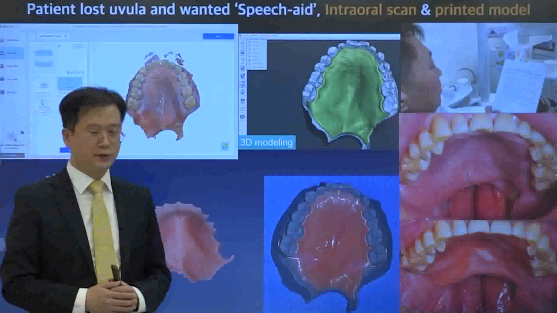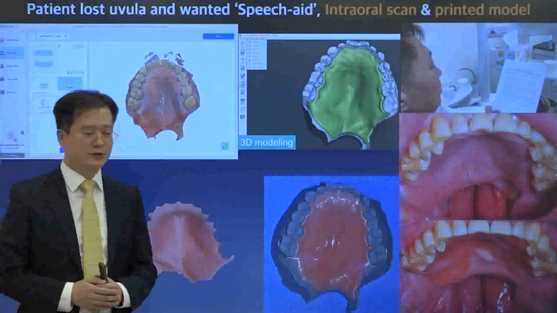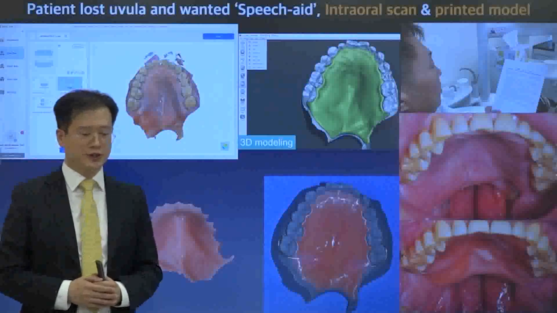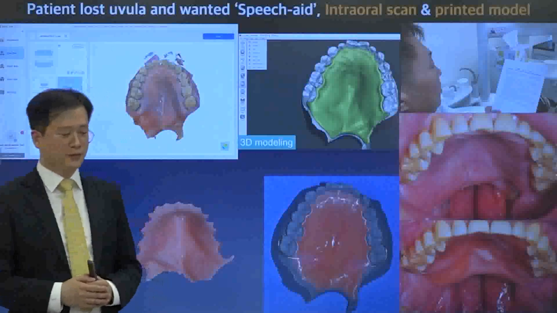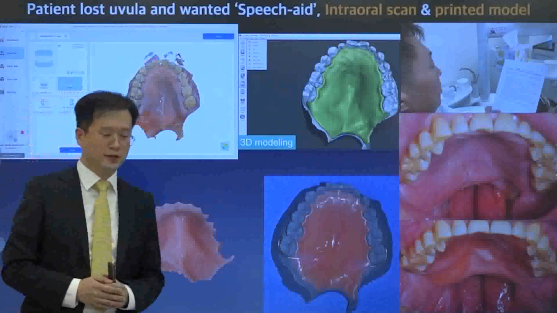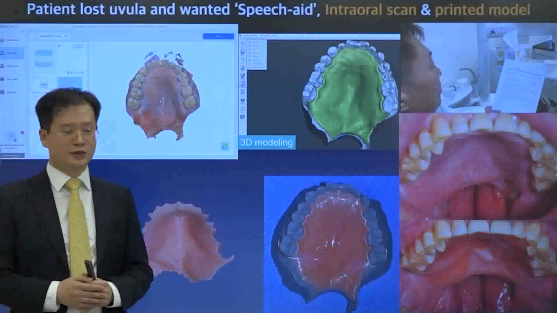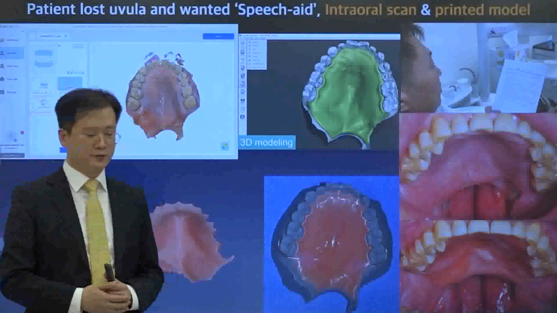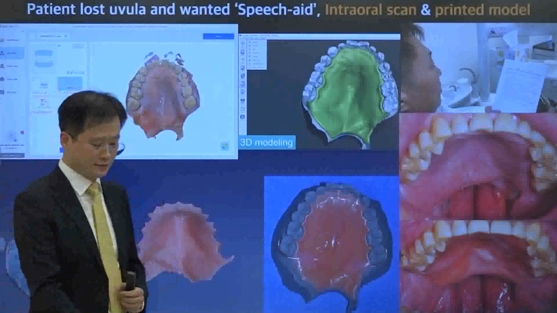With the help of an optical impression device, I could get an image of structures deep in the nose and throat. I designed a speech aid device by 3D modeling and printed it out. I could get his voice back again.